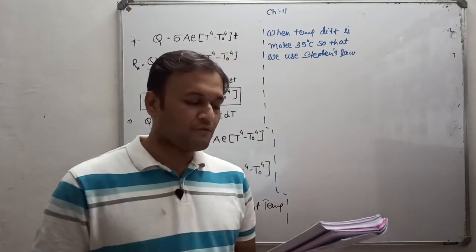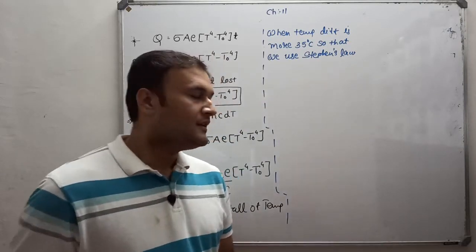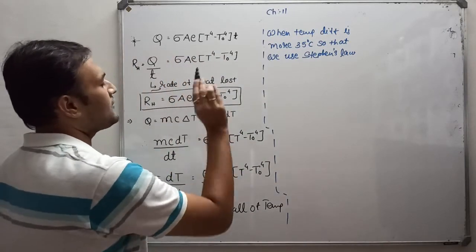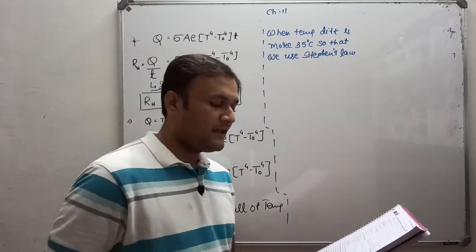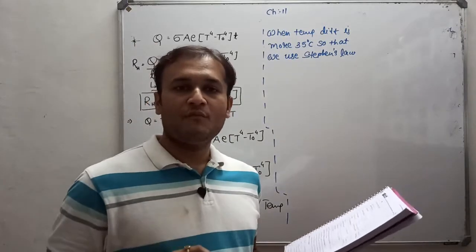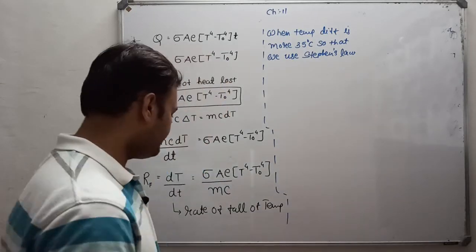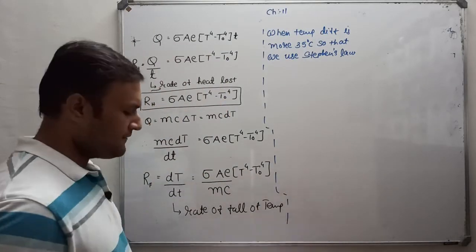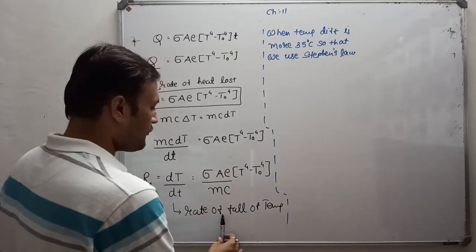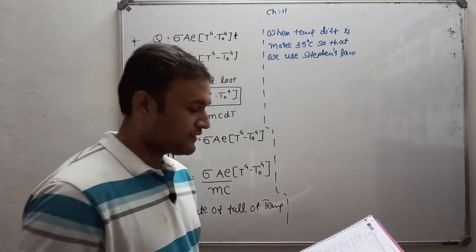So RH, the rate of heat lost, is proportional to A. In short, the more the area, the more the rate of heat lost, and RF will also be more. RF means rate of fall of temperature.